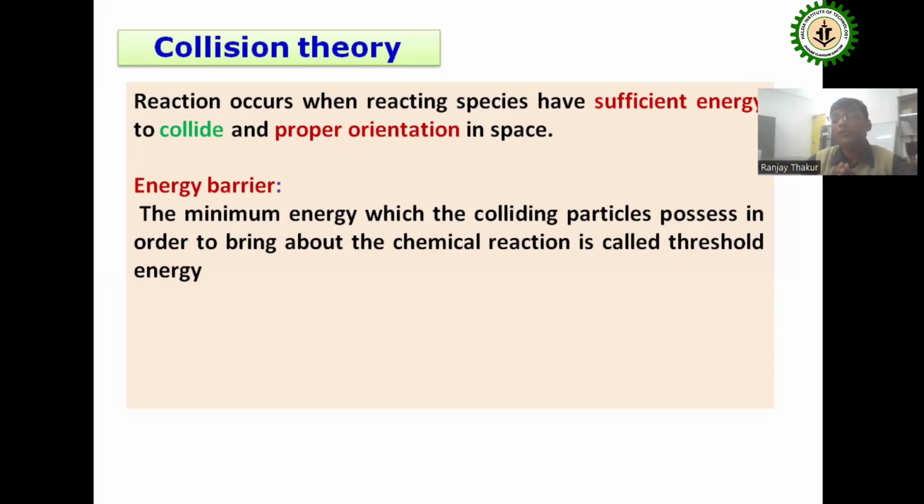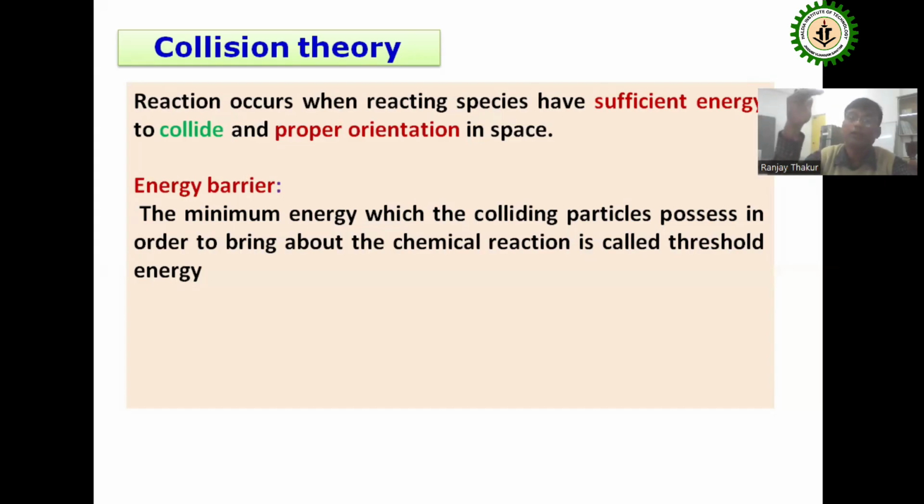Again, if we take the example of glucose as reactant, to convert it into product, it is important to increase the internal energy of glucose up to a certain level. Once it reaches that level, it is able to convert into product.